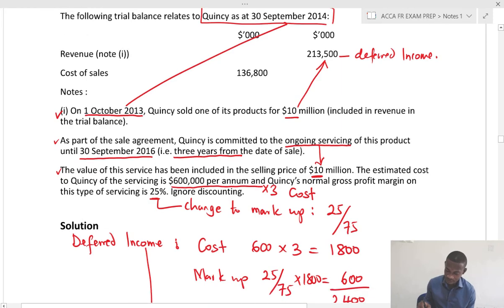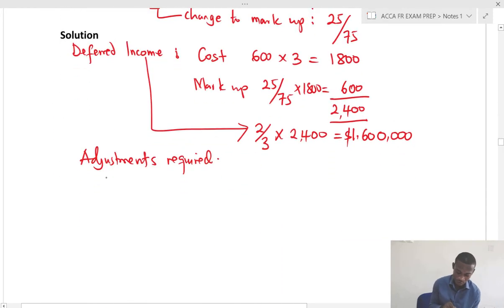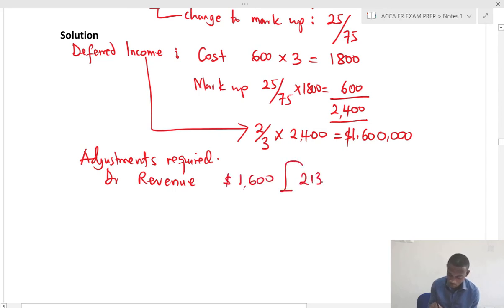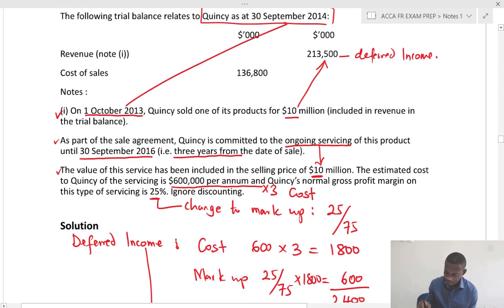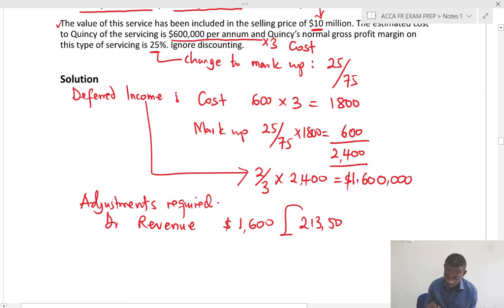So what it means is that we would have to debit revenue. So debit revenue with an amount of 1,600. So what it means is that the 213,500 we have here, the 213,500, we less 1,600 from it. That will be the adjusted revenue.